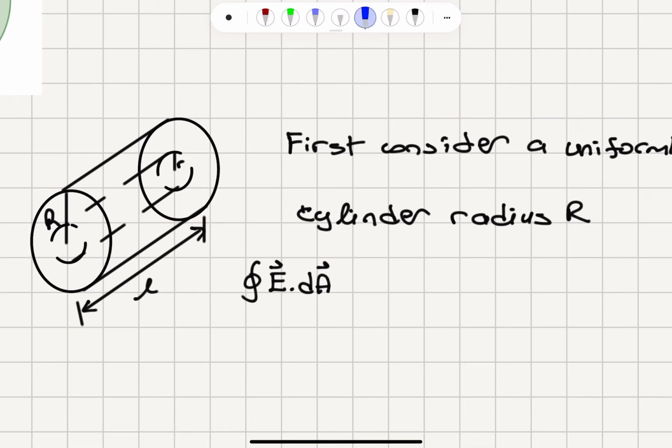So this would be the radially outward area vector here, which is going to be parallel to the electric field vector that will be pointing radially outward from the center of this axis. So I will see that electric field E multiplied with the area. What is the area here? It is 2 pi r, the circumference, multiplied by the height of the cylinder L, is equal to the charge enclosed by this cylinder, Q in, divided by permittivity of free space.